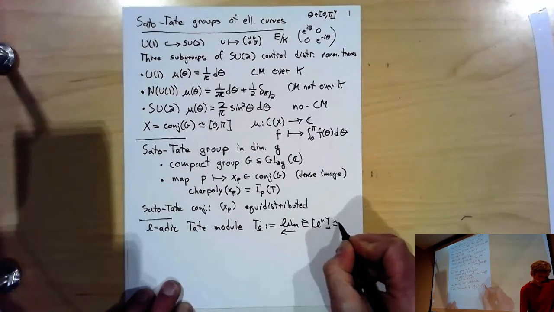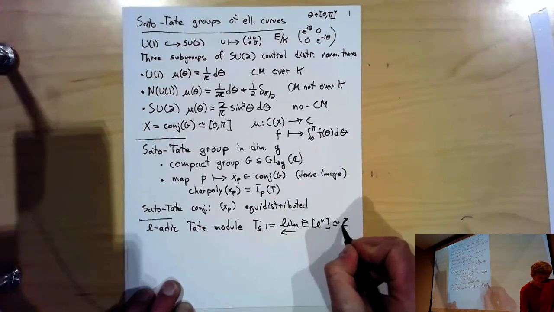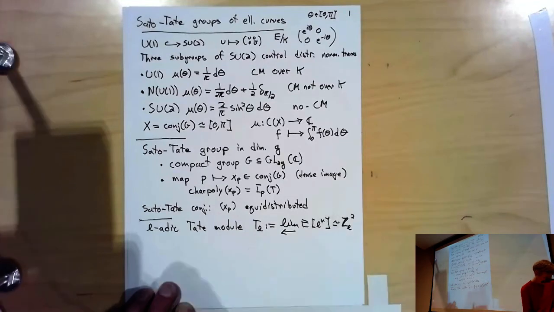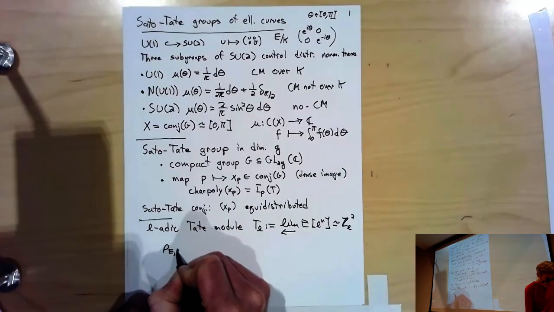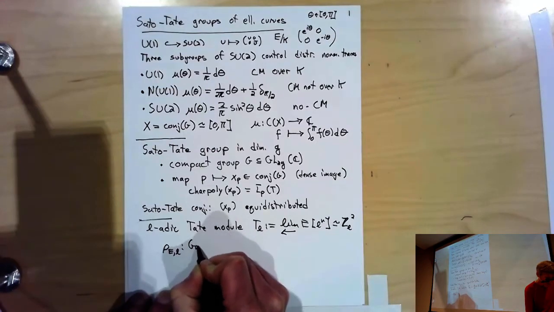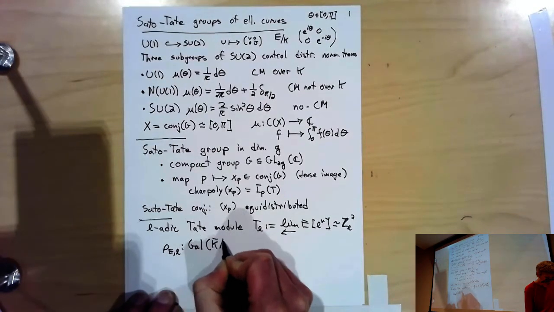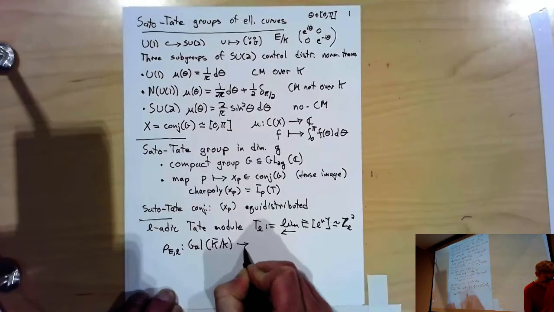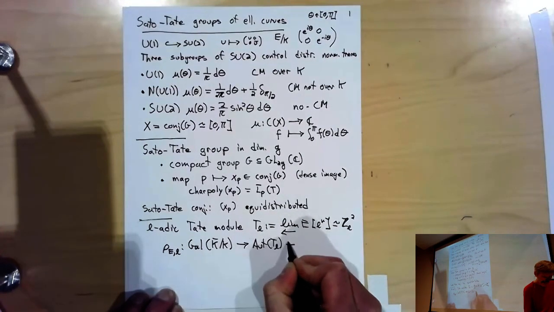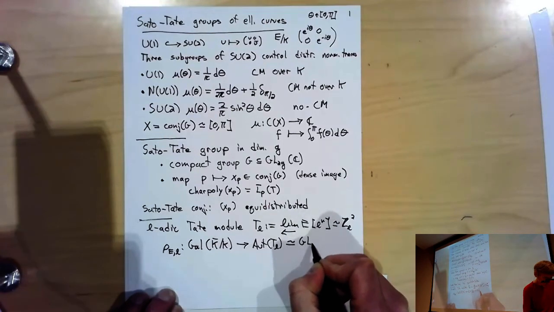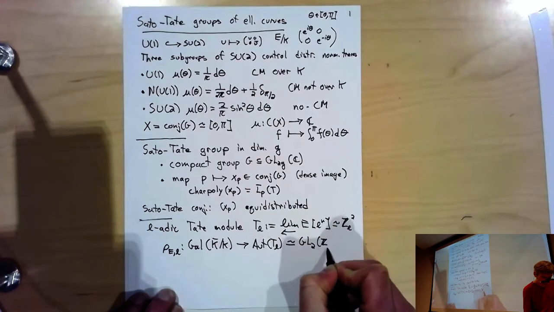And we know that this is a free Z_L module of rank 2. And then we have an associated L-adic Galois representation from our absolute Galois group into the automorphisms of the Tate module, which after we choose a basis, we can think of as landing in GL2 of Z_L.